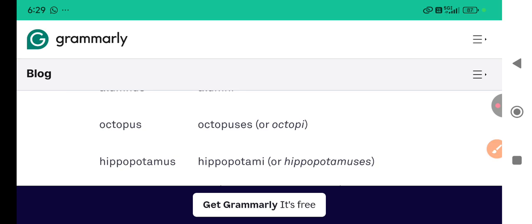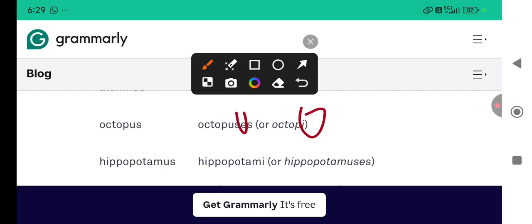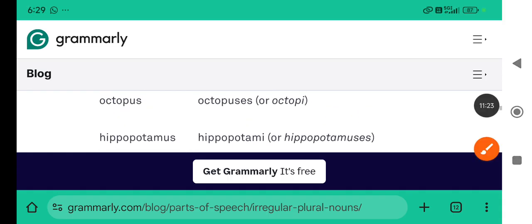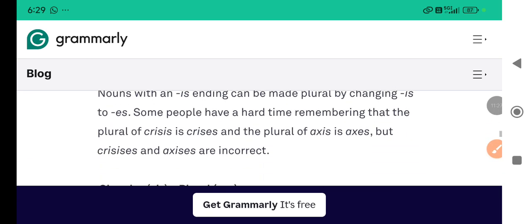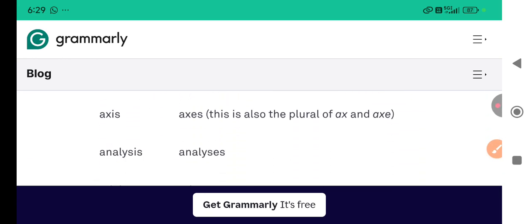Here, octopus has octopi and octopuses. Then hippopotamus, hippopotamuses, hippopotami. Such words should be taken care of.